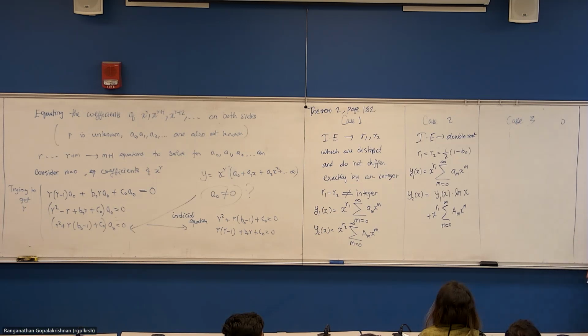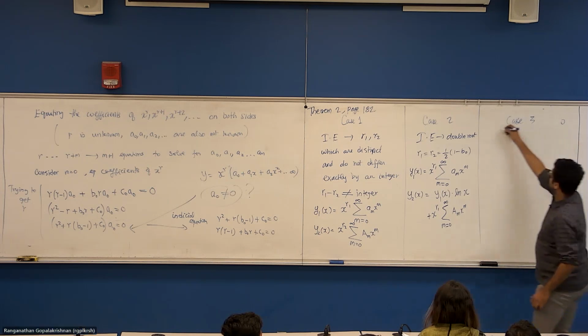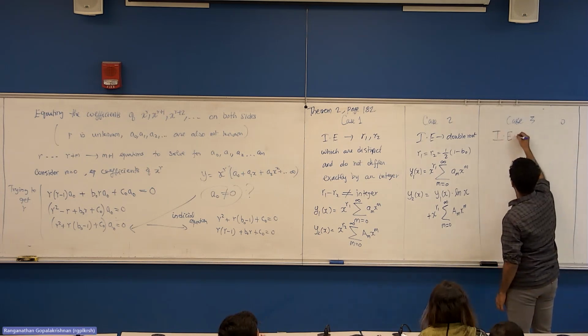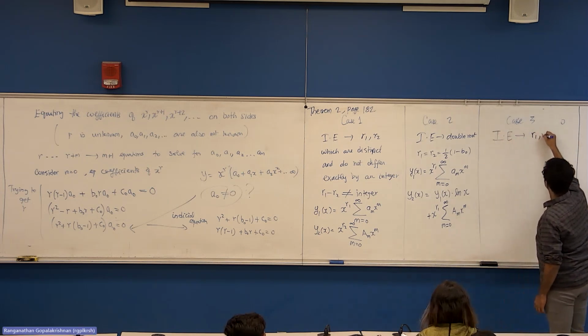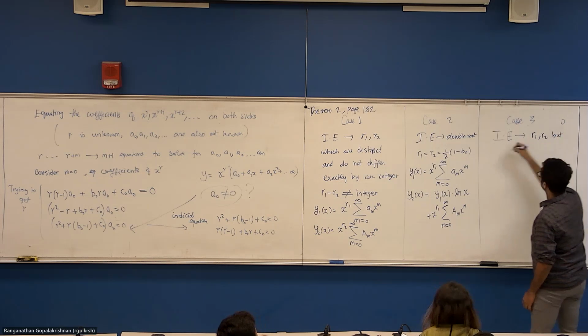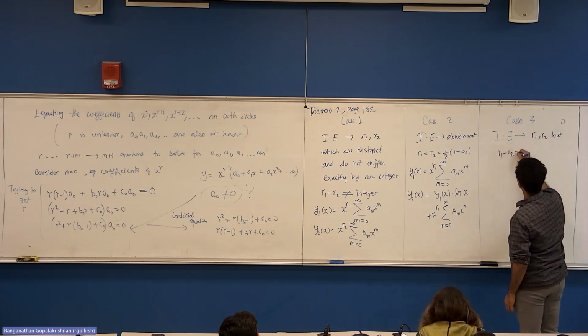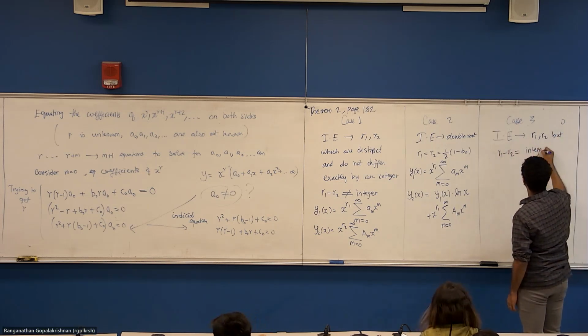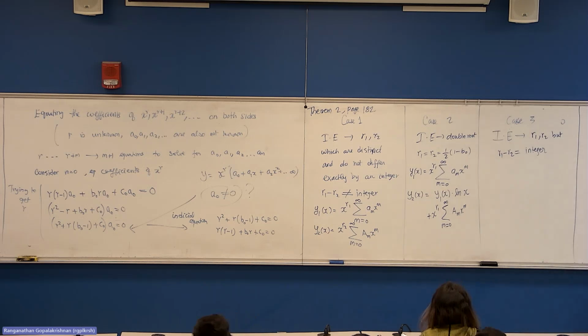Okay. Case 3. The indicial equation gets you distinct roots, but R1 minus R2 is an integer. They differ exactly by an integer. Integer could mean negative integer or positive integer, but it's an integer.